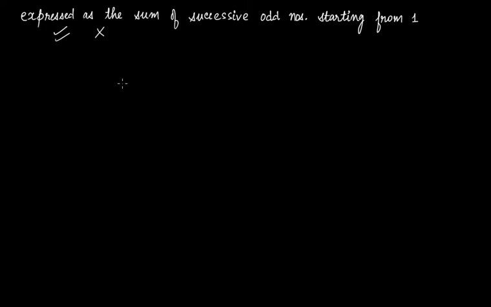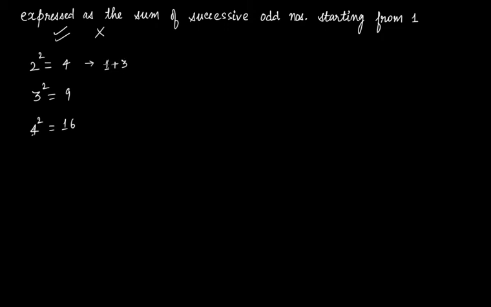Let me explain. What's the square of 2? It's 4. What's the square of 3? It's 9. What's the square of 4? You get 16. Now, this 4 can be written as 1 plus 3.